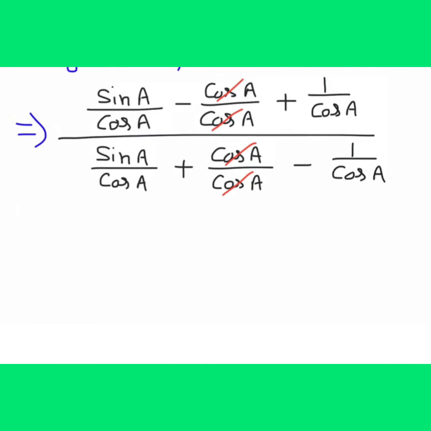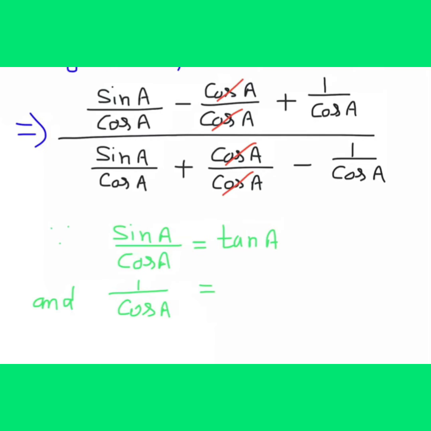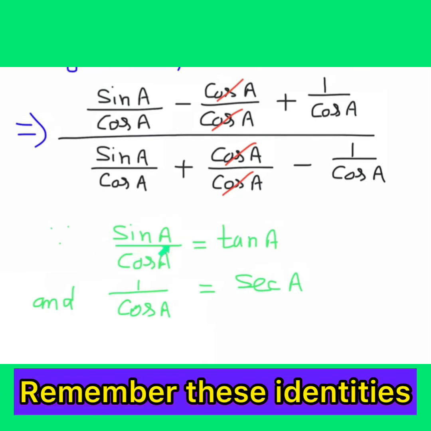And dear, you know an identity, that is sin A upon cos A equals tan A. And another identity, that is 1 upon cos A equals sec A.